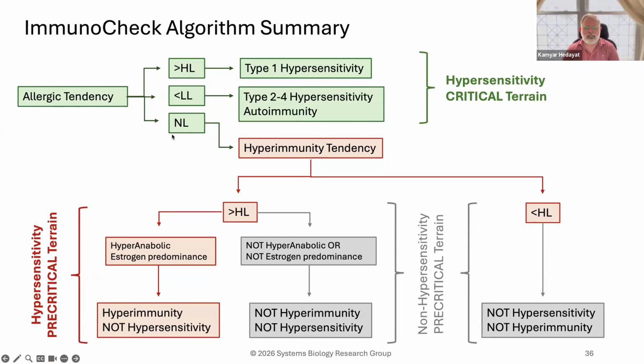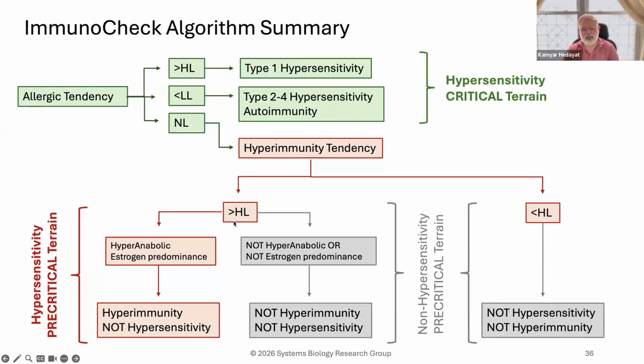If the allergic tendency index is normal, you can still look to see if there's a critical terrain, okay? If the index is not high, then you don't have hypersensitivity and you don't have hyperimmunity. At least you don't have what we can determine only using a CBC.